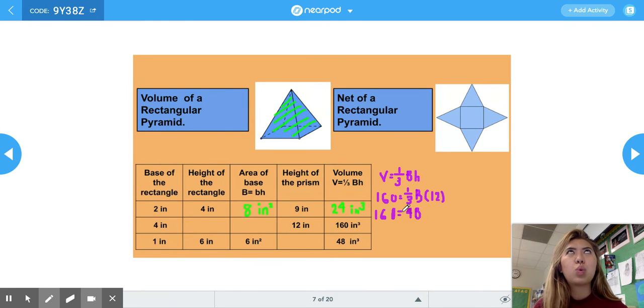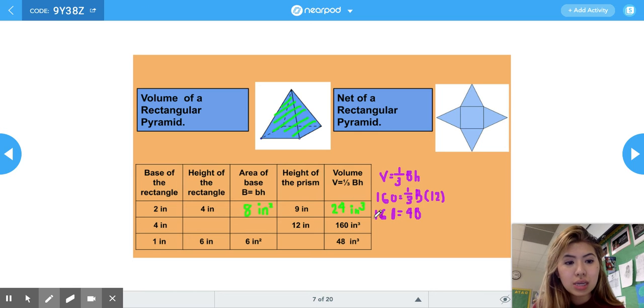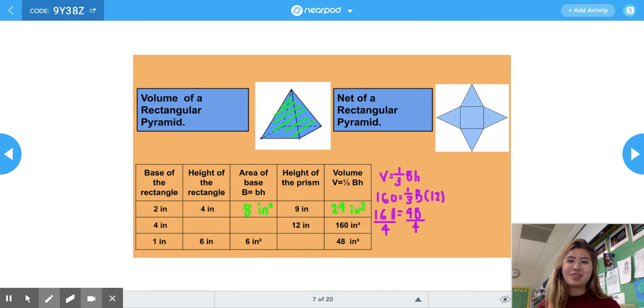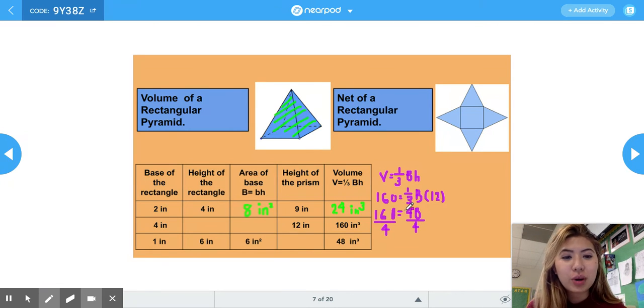So I can either think what number times 4 makes 160, or I can do the inverse or the opposite operation of 4 to move it to the other side. So in this case, 4 is being multiplied by B. So the opposite of multiplying by 4 is dividing both sides by 4. 4 divided by 4 is 1. So I have B is equal to, and then 160 divided by 4 is 40.